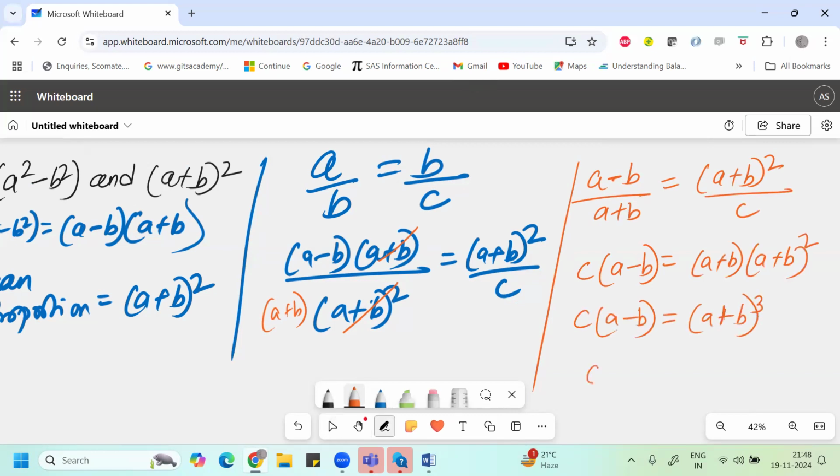So what is c? c, your third proportion, is equal to a plus b whole cube divided by a minus b. Clear?